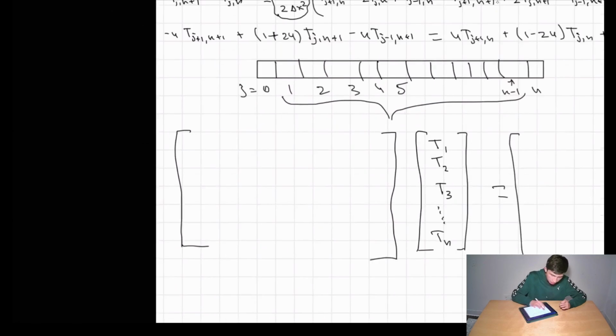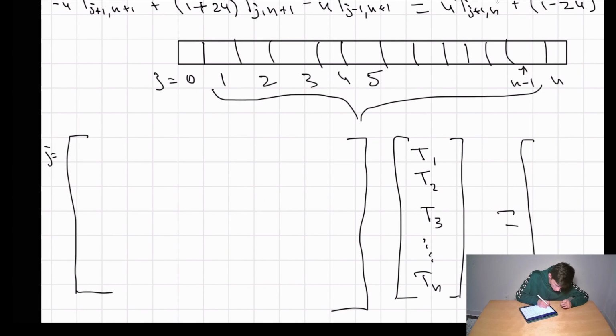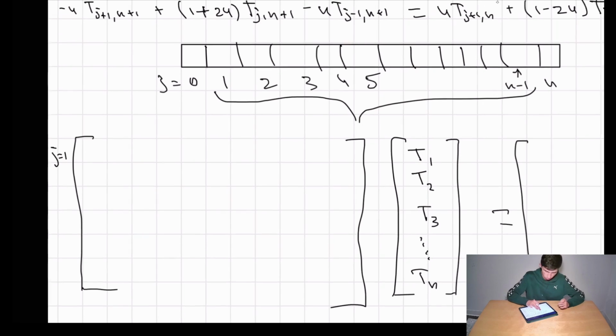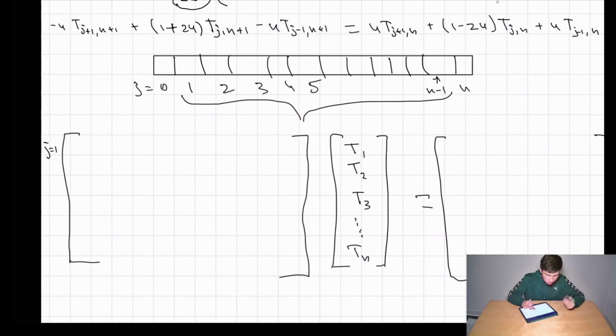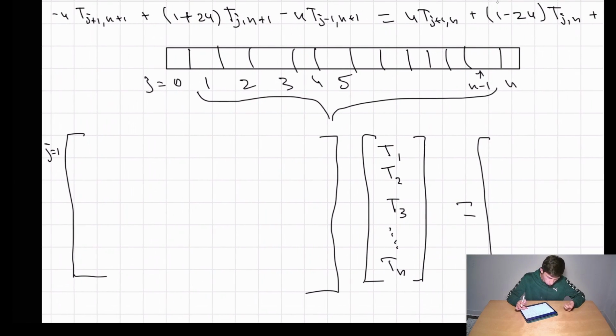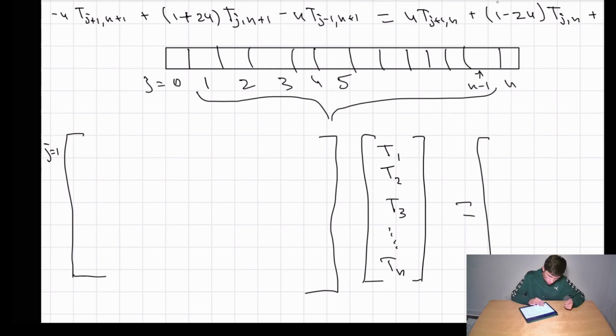So when j is equal to 1, we're trying to find the j's from 1 to n minus 1, right? So when j is equal to 1, I'm going to have Tj plus 1, so temperature 2, multiplied by temperature 1, right?